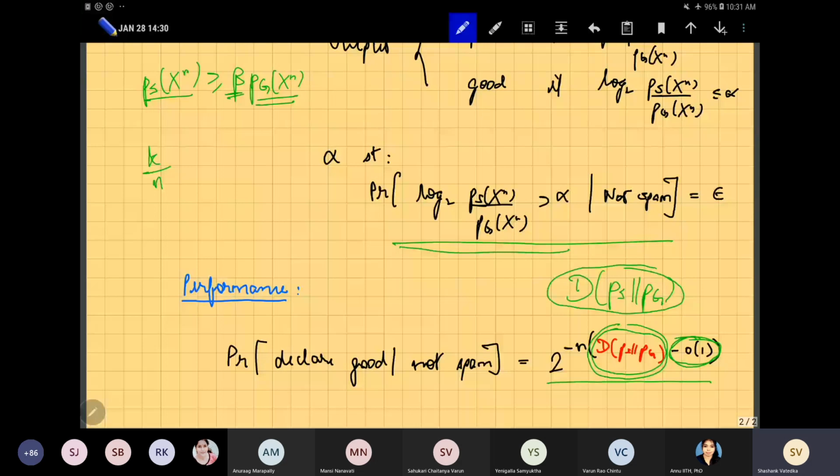The best possible k over n that you can achieve, say for compression, turns out to be H of X plus some other function which depends on n and P_X. As n tends to infinity, this quantity will tend to 0, but for small n, it is significant.